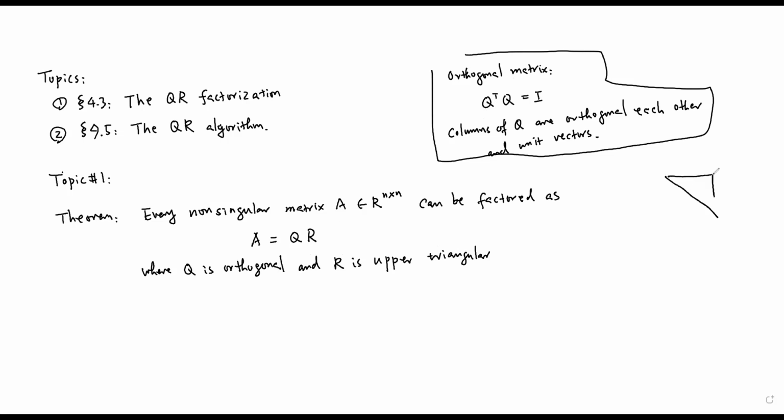This is an upper triangle. Below the main diagonal line, all the entries are 0. Everywhere here is 0. This factorization is not unique. There are many Q and R that satisfy this equation.